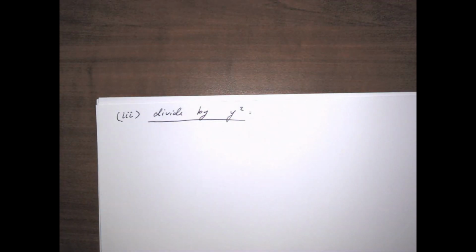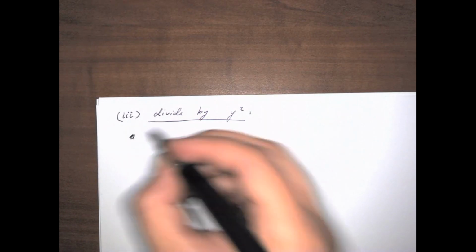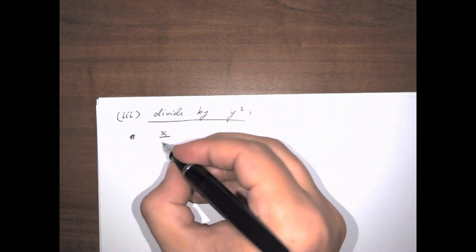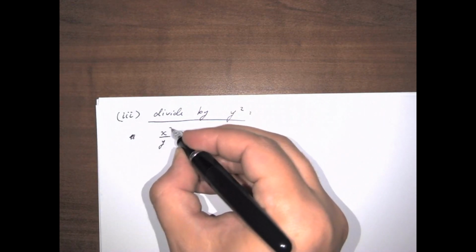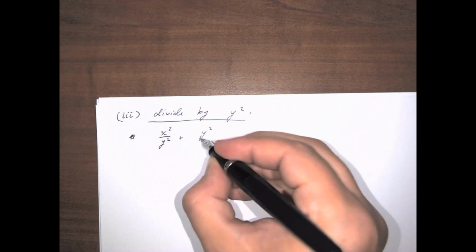So now we again take the x squared plus y squared equals r squared, and we'll go x squared over y squared plus y squared over y squared.